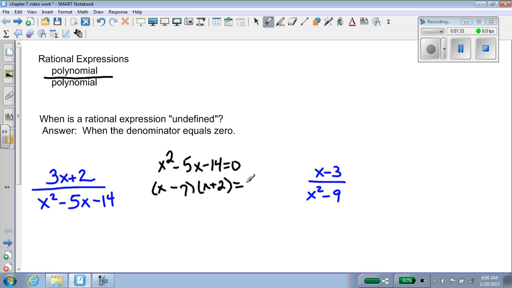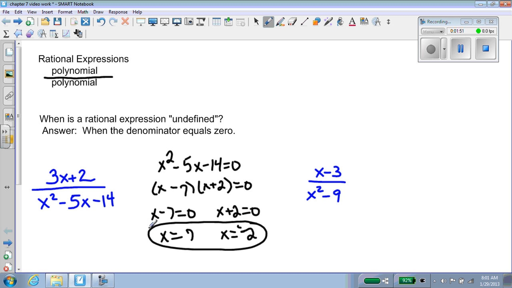That will factor. So when x minus 7 equals 0, or when x plus 2 equals 0, so when x equals 7, or when x equals negative 2, this rational expression will be undefined.